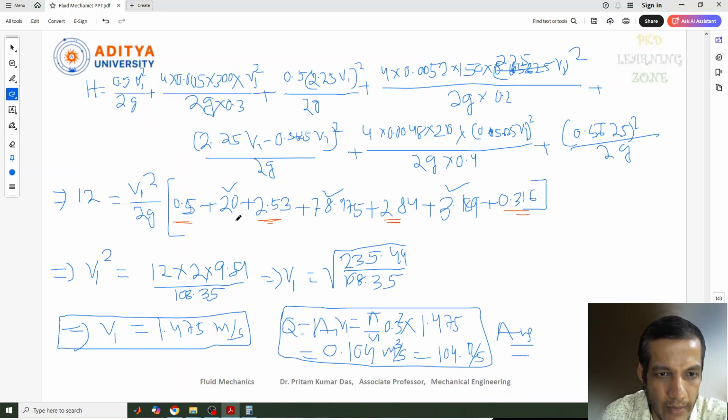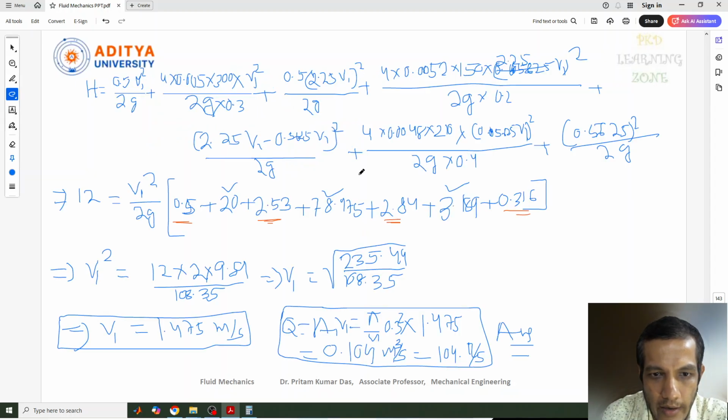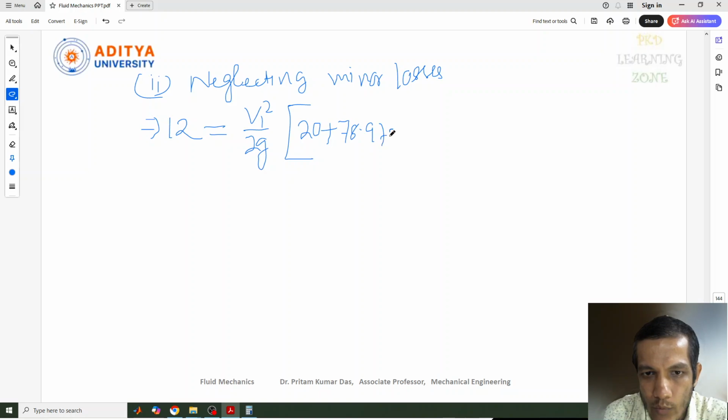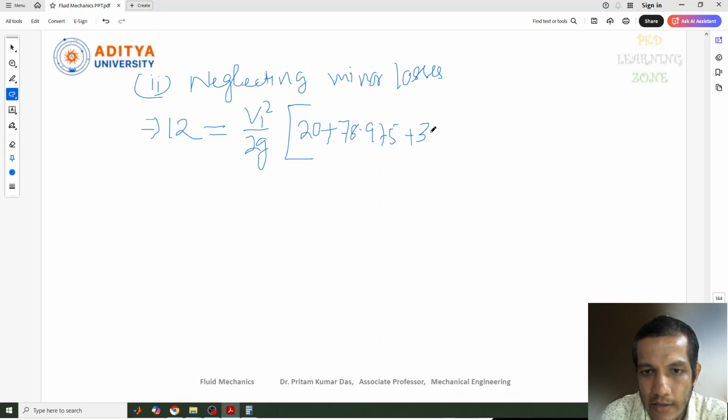Same, like the loss values. So the major loss value 20 plus 78.975, and one more is there, 3.189. I hope the bracket is closed now.